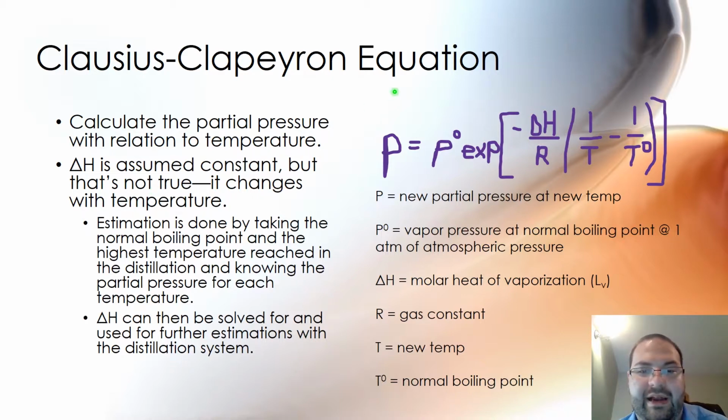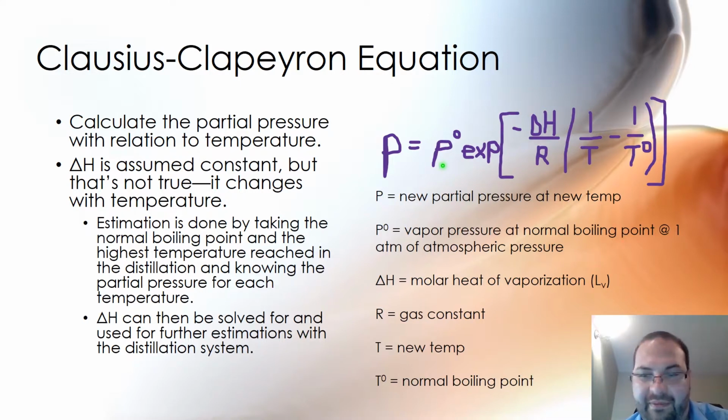And I'm going to first go over the parts of it so we're not all confused on what we're looking at. So the P that you see here is the partial pressure at a given temperature. The P that you see over here with the superscript naught is the vapor pressure at the normal boiling point of 1 atmosphere of pressure.